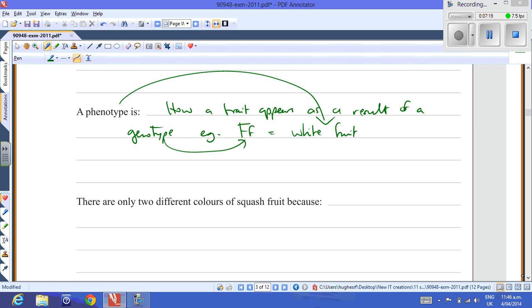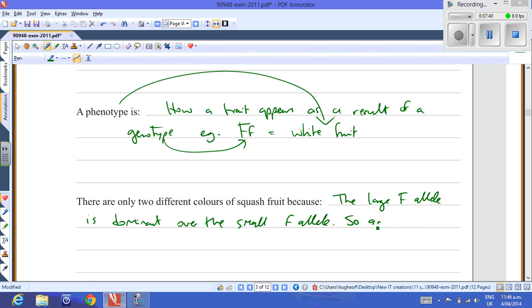There are only 2 different colors of squash fruit, because the large F allele is dominant over the small f allele, the recessive one.